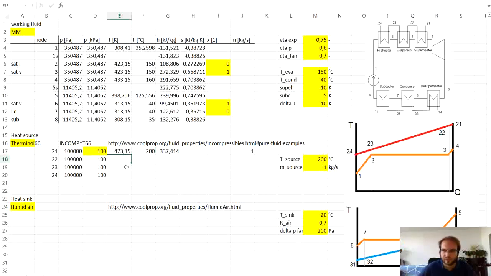Now we don't know anything about the point 22, but for the point 23 we expect this to be the point of the minimum temperature difference, the pinch point.